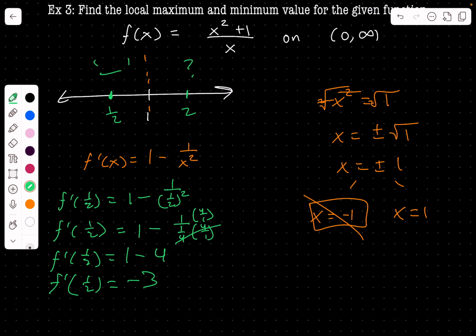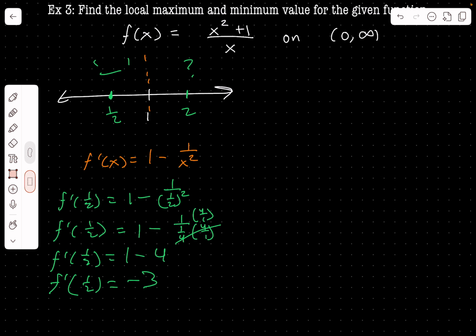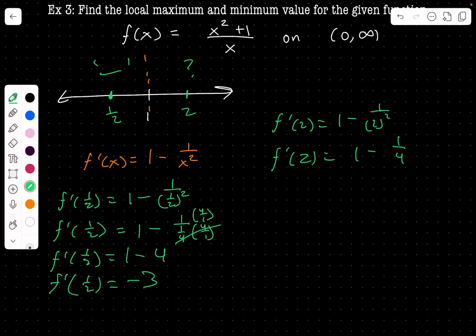Now, let's find out what our 2 is going to give us. F prime of 2 equals 1 minus 1/2 squared. This one's much easier, much cleaner, right? We get 1 minus 1/4. We cannot combine these until they have the same denominator.